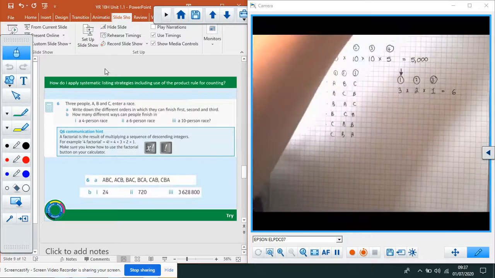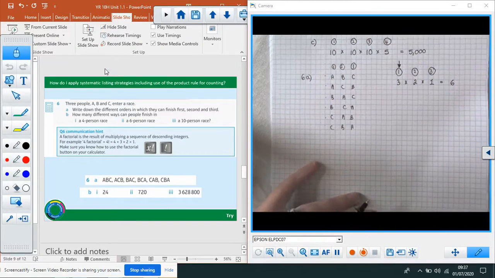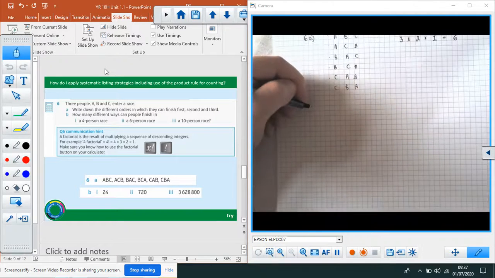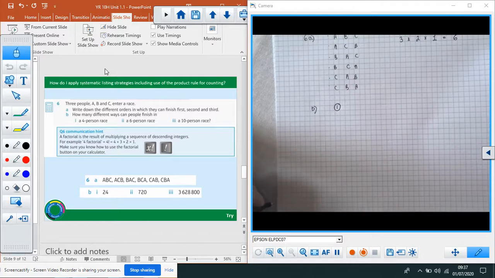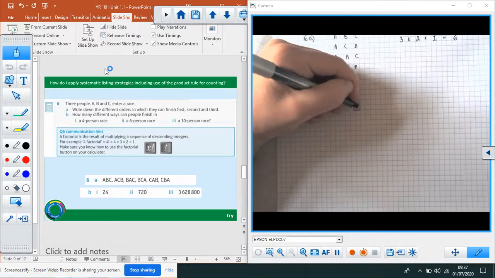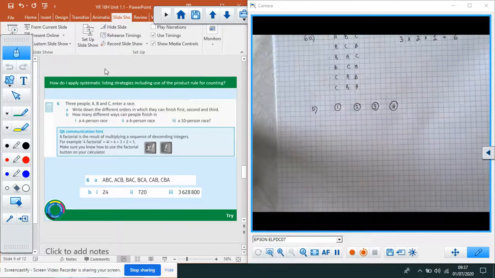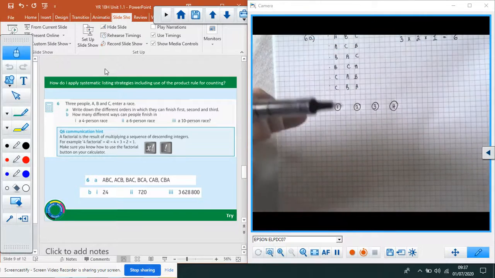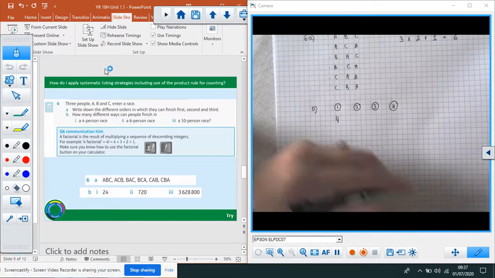Okay? Carrying on, part B said, how many different ways can people finish in a 4-person race? Well, if there's 4 places, you can either finish first, second, third, or fourth. Rather than writing out all the different combinations, it's going to be like what we've just discussed. So 4 people can finish first, but somebody has to finish first.